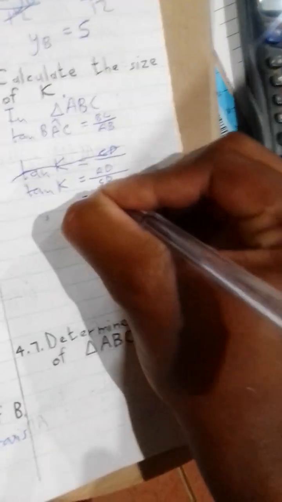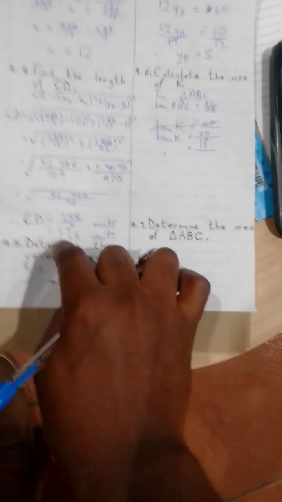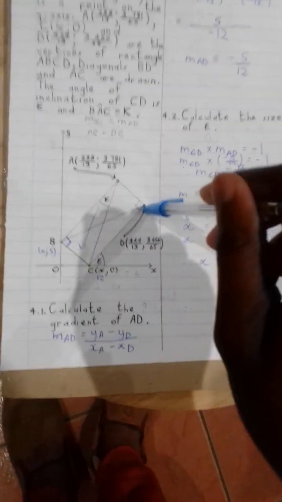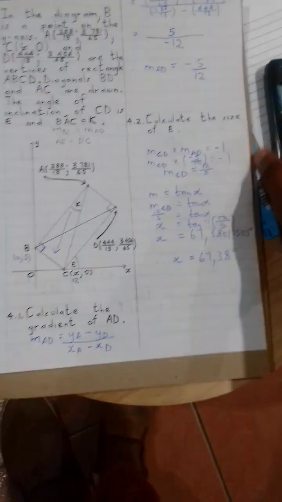So we have just found out that AD, and by extension BC, is 13. CD, we should get 57.6, which is also AB. Let's use AB now.